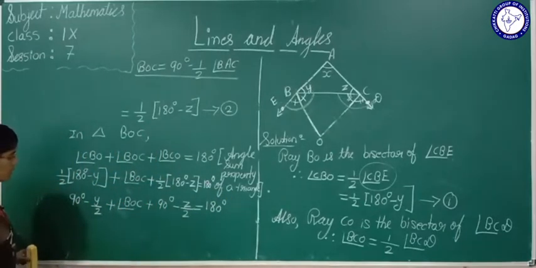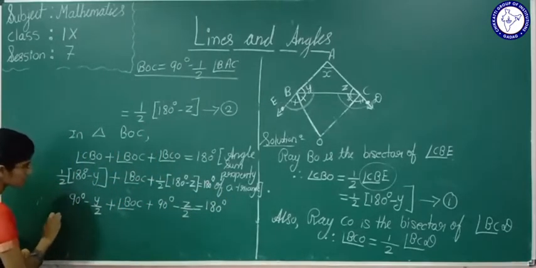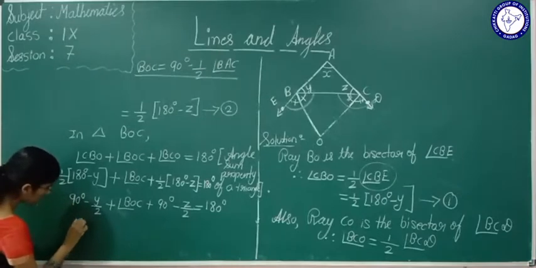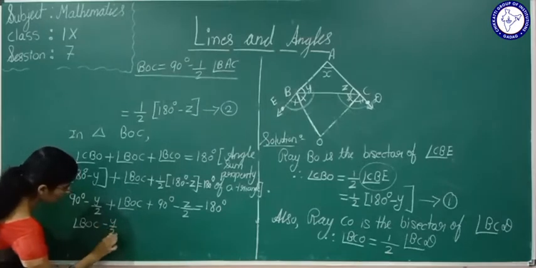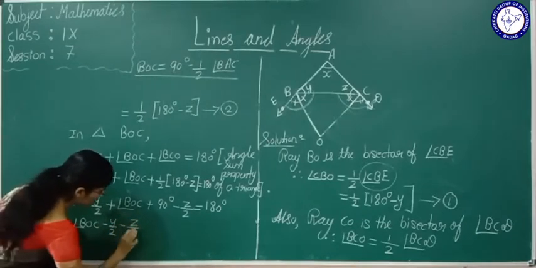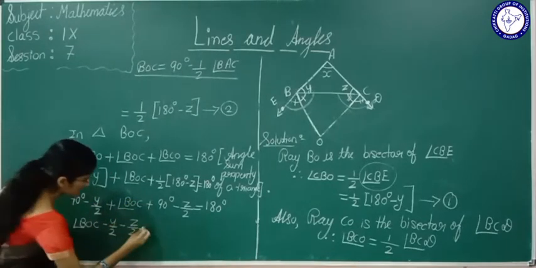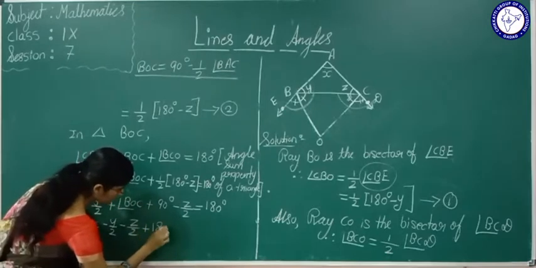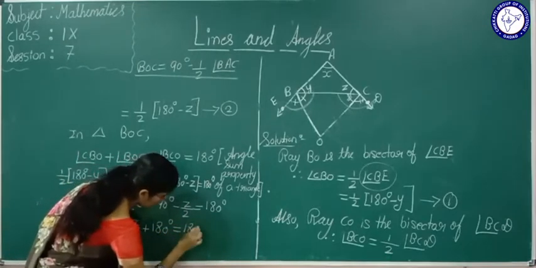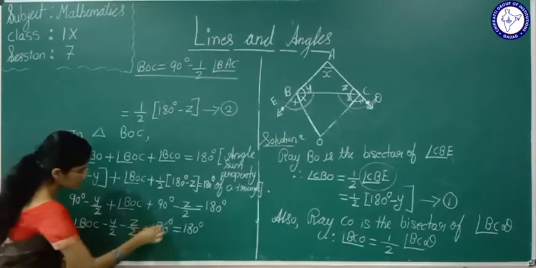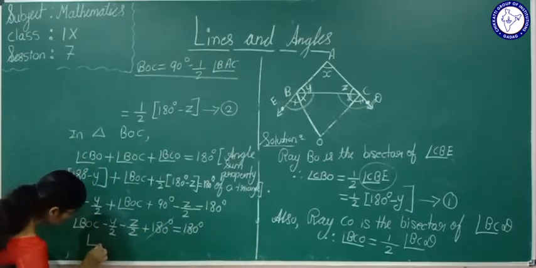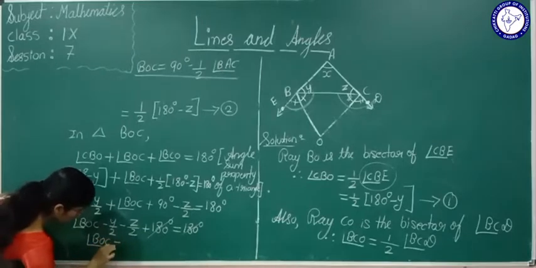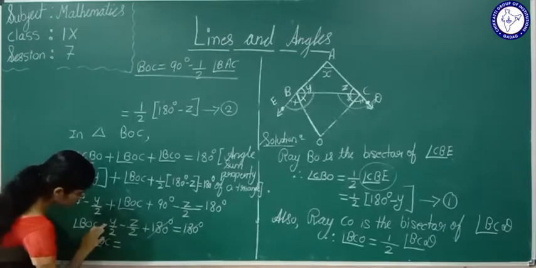Okay. Now see here, angle BOC minus y by 2 minus Z by 2. 90 plus 90 is 180 degree is equal to 180 degree. So definitely these terms will be cancelled. So this can be written as angle BOC is equal to minus y by 2 minus Z by 2.